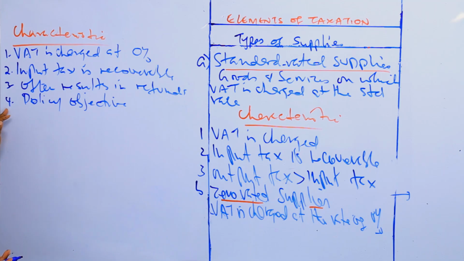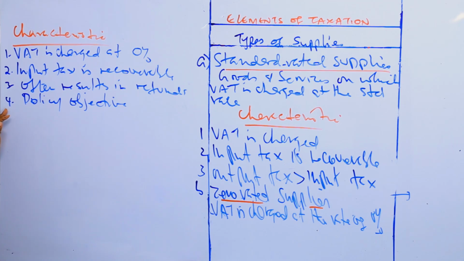We also have certain agricultural supplies, specific unprocessed agricultural products as listed in the law. We also have supplies to export processing zones and special economic zones. Goods and services supplied to licensed EPZ enterprises within Kenya are zero-rated supplies.